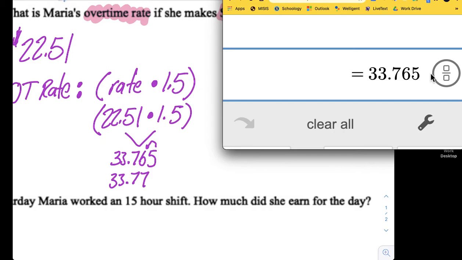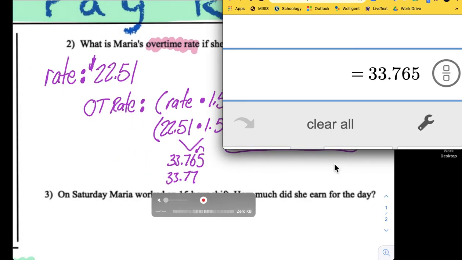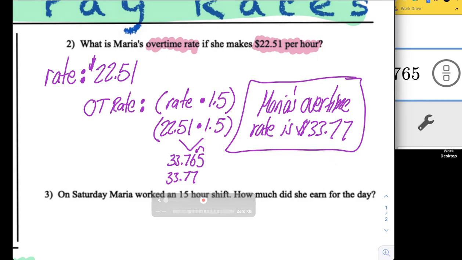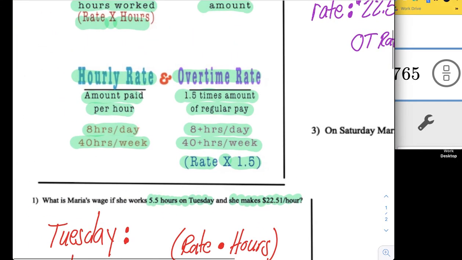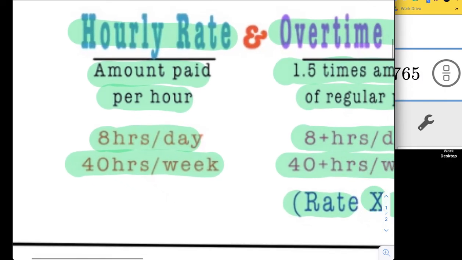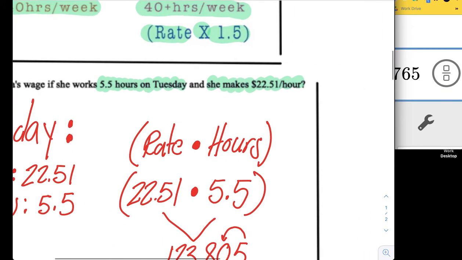So the question was, what is Maria's overtime rate? Maria's overtime rate is $33.77. There you go. To give you an idea, if she works up to 8 hours a day, she gets paid $22.51 an hour.